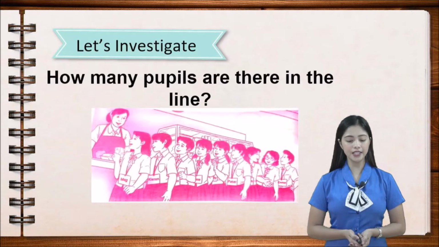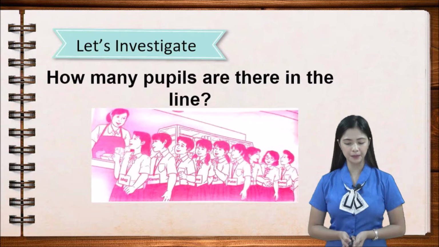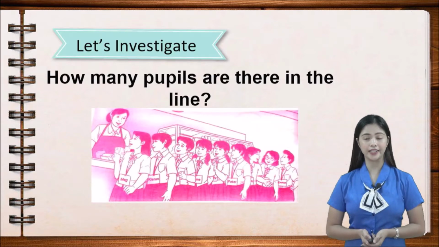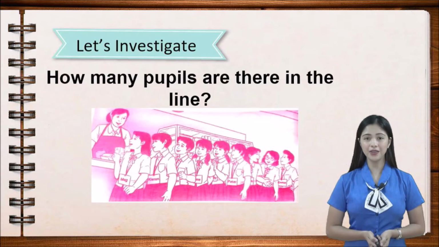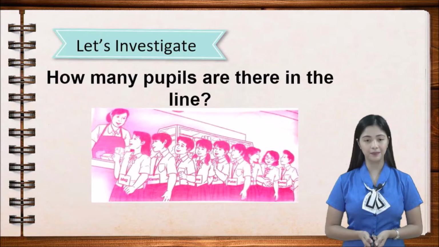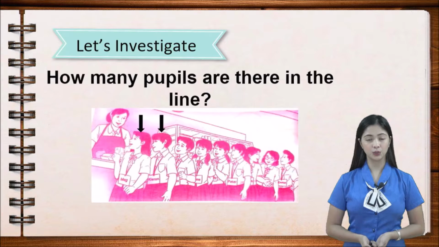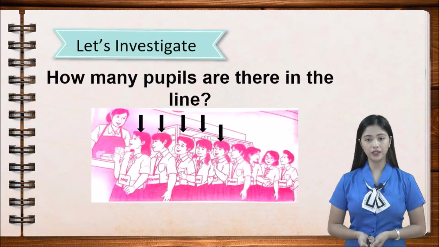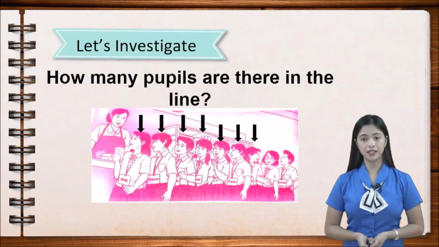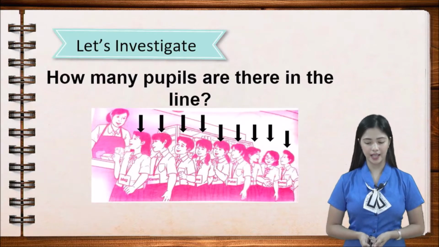Kids, can you tell me how many pupils are there in the line? Follow teacher as we count them. 1, 2, 3, 4, 5, 6, 7, 8, and 9.